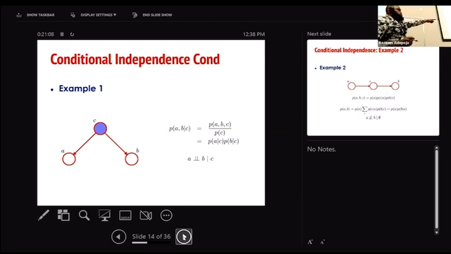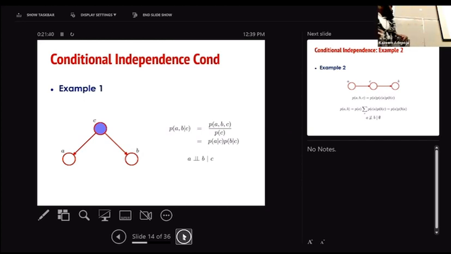Based on the structure, the probability of A, B, C is basically going to be the probability of A given C, then the probability of B given C. Do you see that? Based on the structure. You see that, right? So the probability of A, B, C is multiplied by the probability of C. You know why probability of C? Don't forget C doesn't depend on anything.